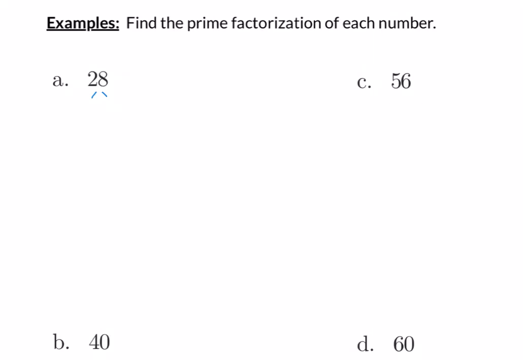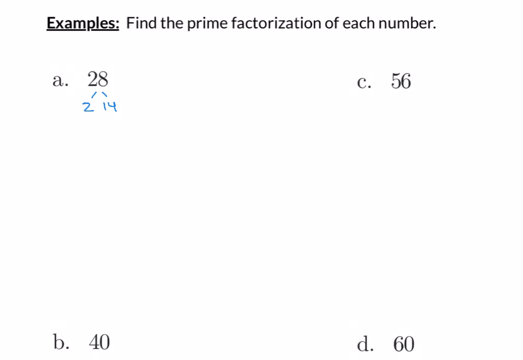And keep in mind, it doesn't matter what 2 numbers you pick. For instance, you can go 2 and 14. Me personally, I always like picking the smallest number that divides into the number to begin with. 2 is the smallest number, so I go with 2, and 28 divided by 2 is 14.